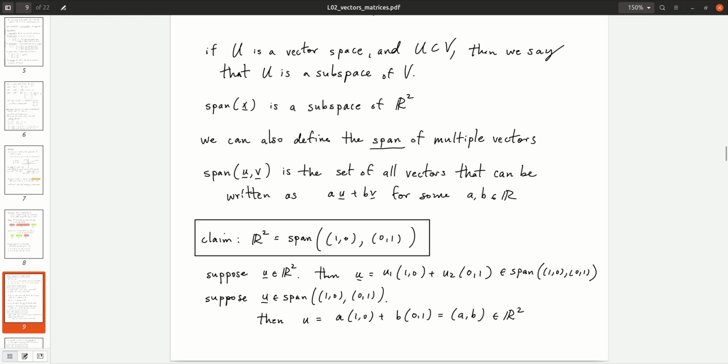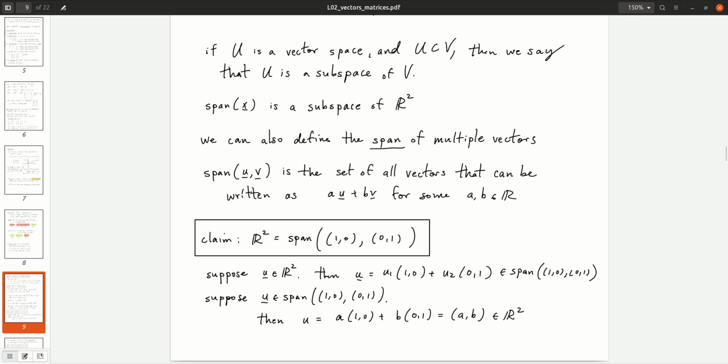We showed that if we take a member of R2, it's automatically a member of the span of (1, 0), (0, 1). Now we have to take a member of the one on the right and show that it's a member of R2. So let's suppose u is in the span of (1, 0), (0, 1). That means we can write it as some scalar a times (1, 0) plus some other scalar b times (0, 1).